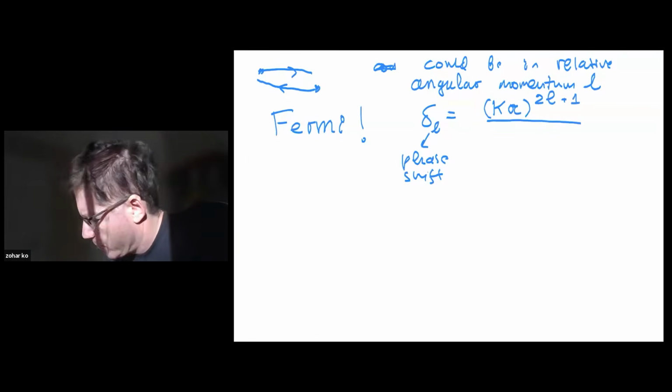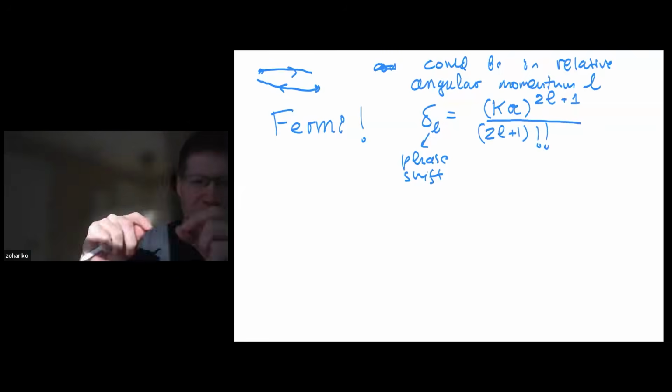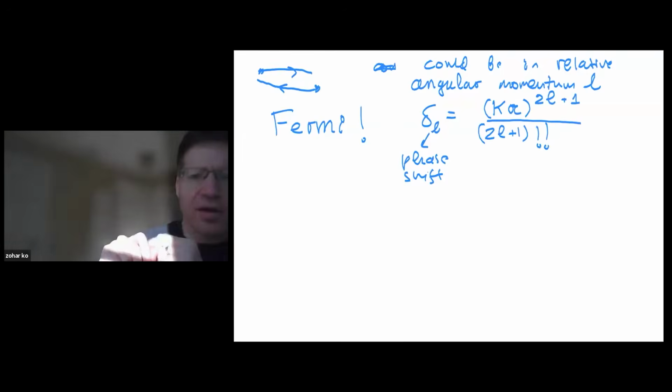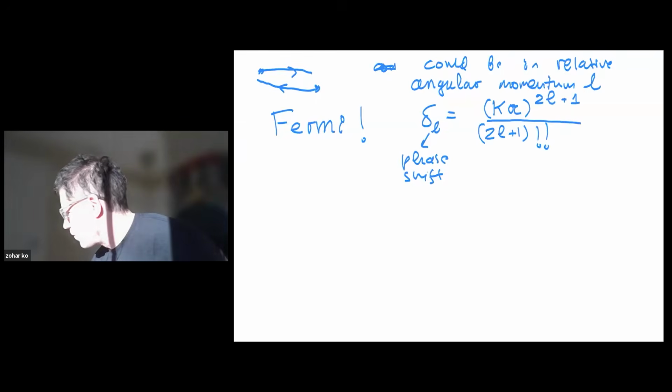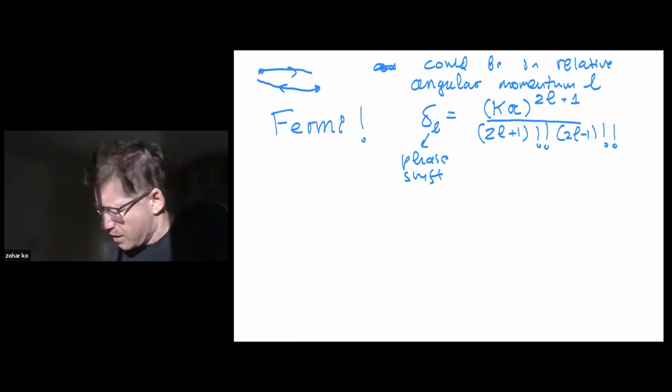I can write them here just for completeness. That's what you would find for the phase shift, which is essentially the interaction strength for the potential that I wrote in the previous slide, which has since disappeared.